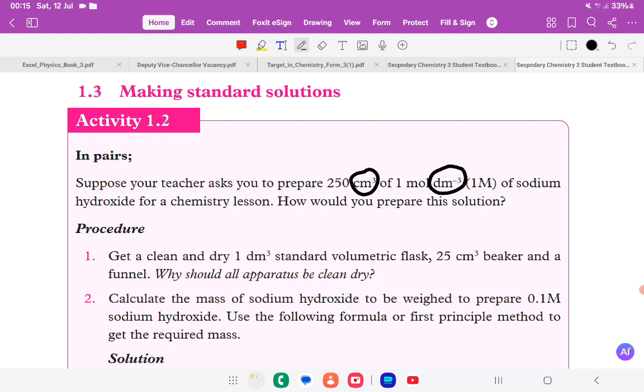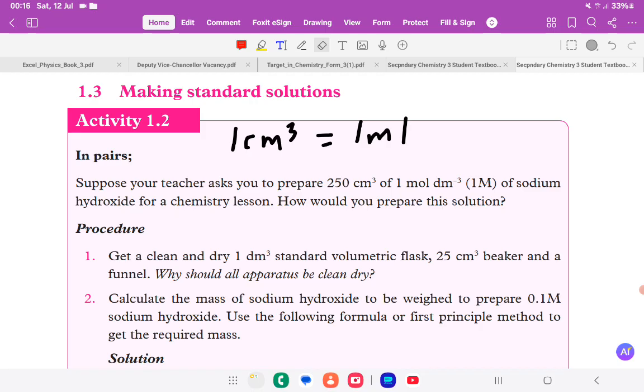And when you are working with calculations of concentrations, you need to be mindful about having these converted to similar units. 1 cubic centimeter is the same as 1 milliliter, sorry. Okay, this you must know.